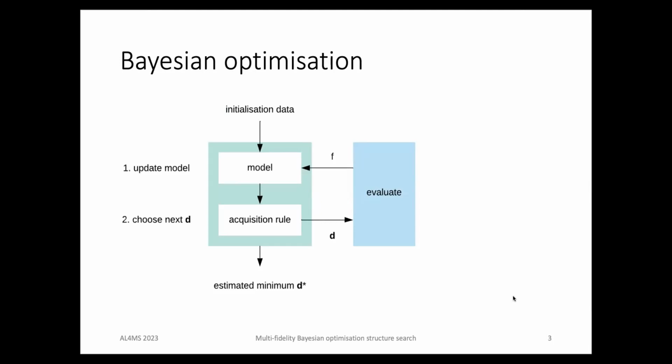So this is an iterative process where we start with some initialization data, and then we iterate between model updates and new acquisitions. And our aim is to use as few evaluations as possible to find the input parameters that minimize our unknown target function.